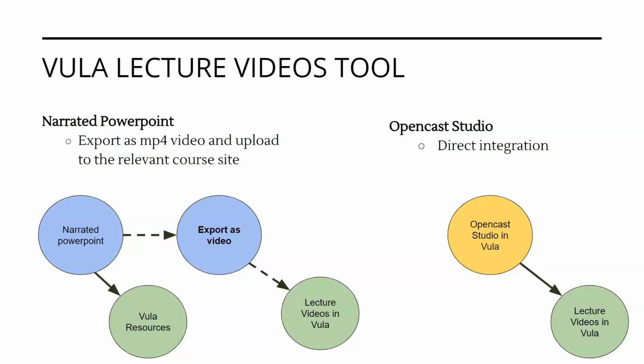Okay, thanks. Then there's one more benefit there. The Vula viewer, when you use Opencast Studio, puts up two screens, right? And then the students can view whichever screen they want in a larger framing. So you can click on the face if you want to listen to the presenter more and have the slides smaller.